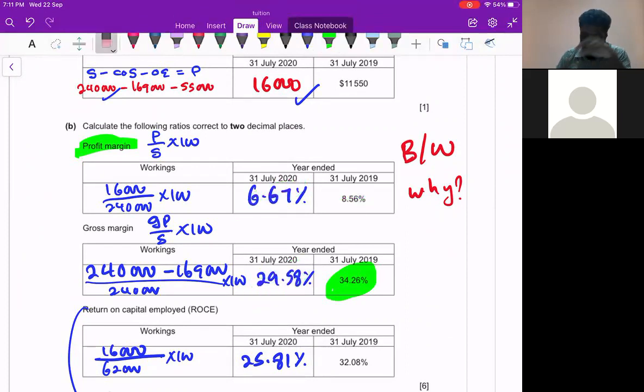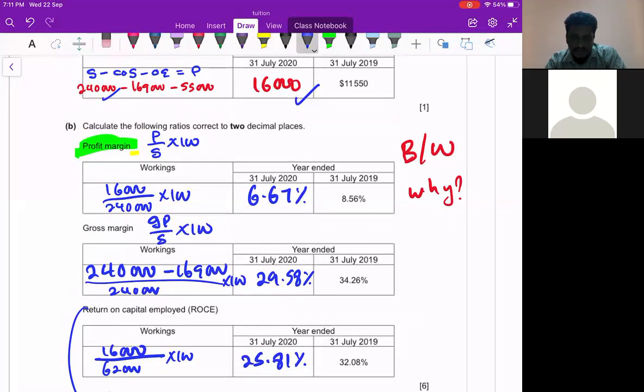Expenses. There are very high expenses. From the gross profit margin, the main reason the profit margin decreased is because of expenses.